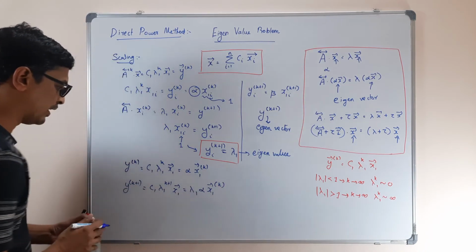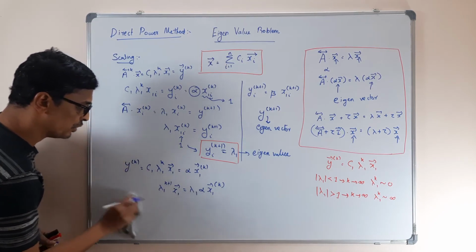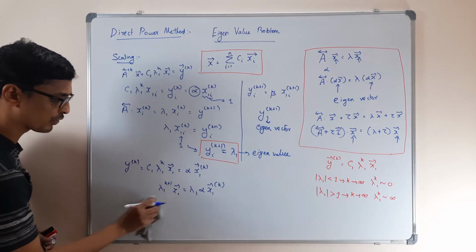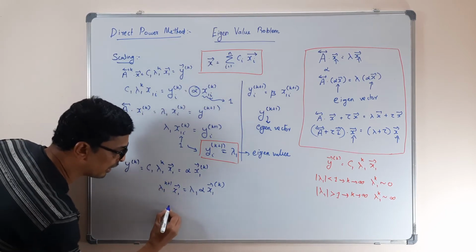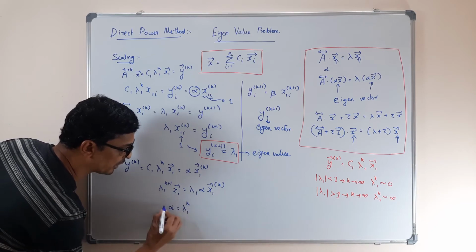So forget about c1 because that is a constant and it can go into it. When you compare these two equations, what we are seeing is alpha will be lambda 1 to the power of k approximately.